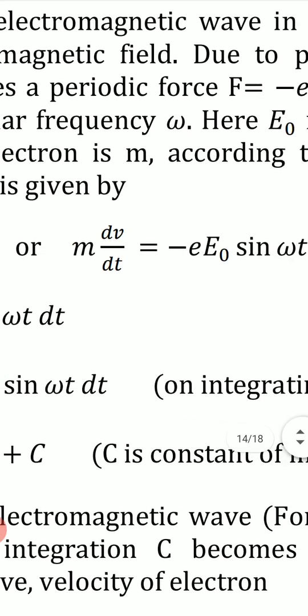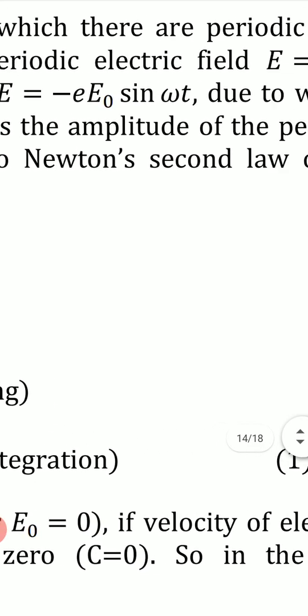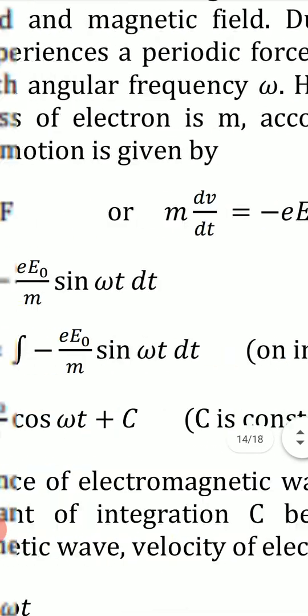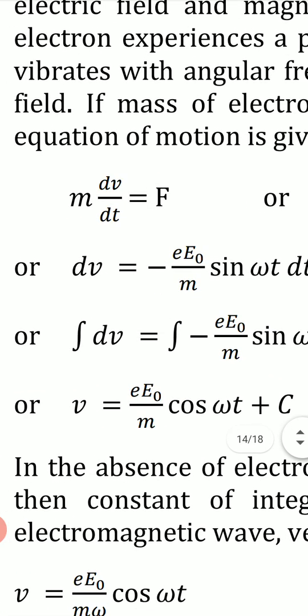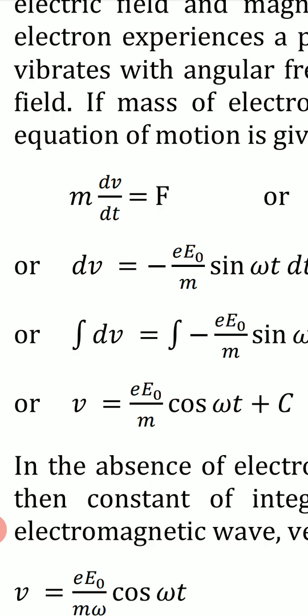If mass of electron is m, according to Newton's second law of motion, its equation of motion is given by m dv upon dt equal to F. Mass into acceleration equal to force, and acceleration is dv upon dt.